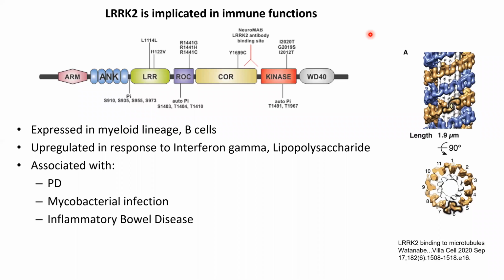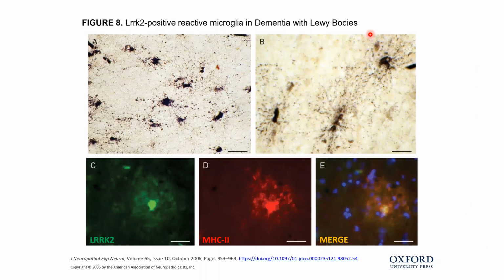Its protein structure has very recently, over the summer, been shown by cryo-electron tomography to bind to microtubules in a rather beautiful fashion, but it doesn't always bind to microtubules. Whether it is actually expressed in microglia has been a little contentious. There's not much evidence, but there is a bit of evidence.